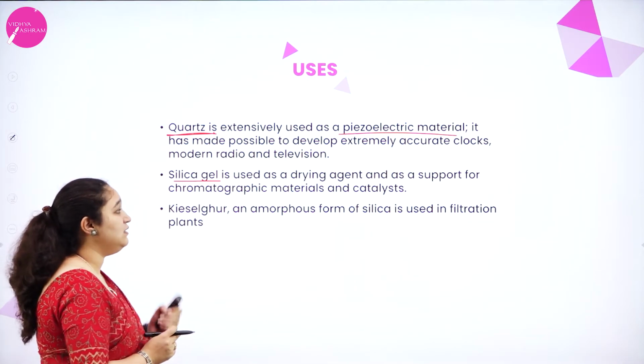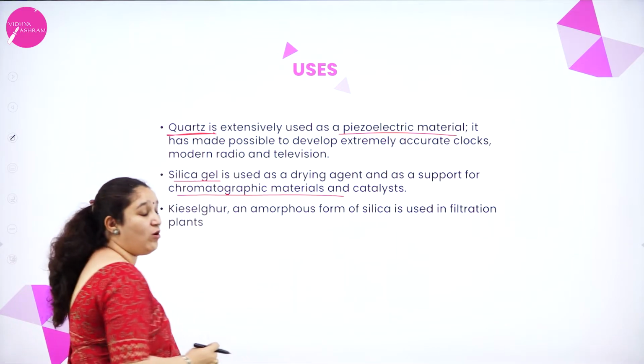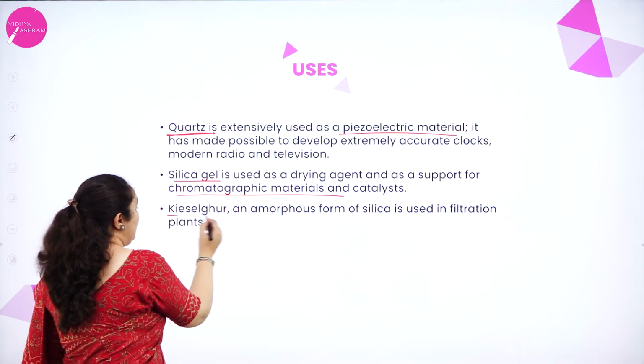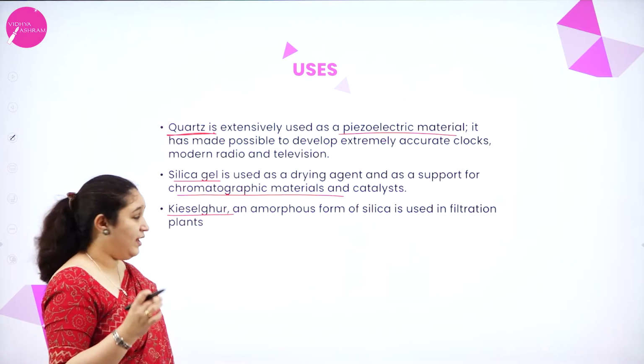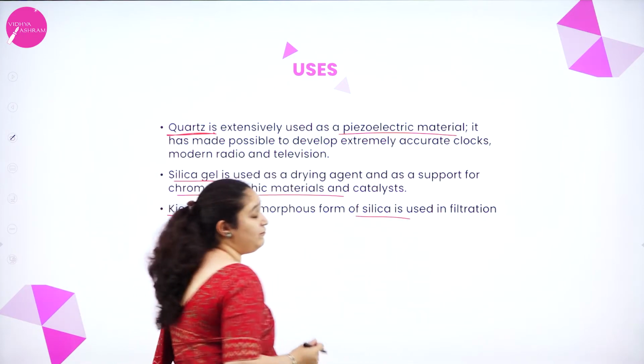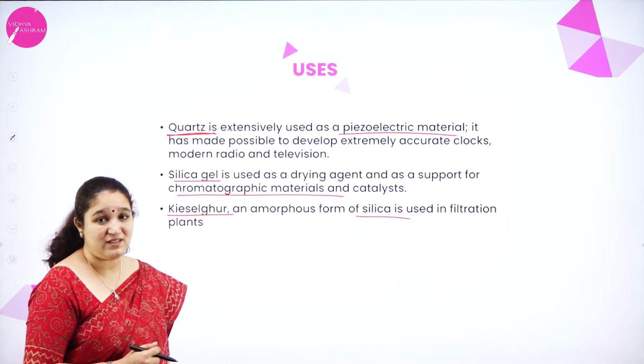So it is used as a drying agent, as a support for chromatographic materials, and also as a catalyst. Also, Kieselguhr, an amorphous form of silica, is used in filtration plants. So this is the use of silicon dioxide.